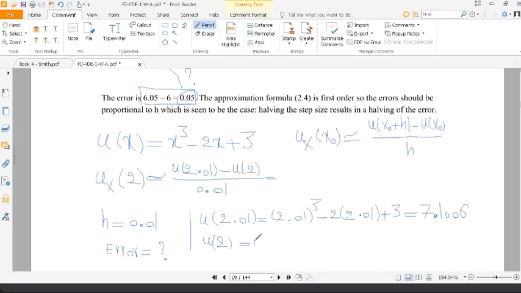And u at 2 is equal to 2 to the power 3 minus 6 plus 3.